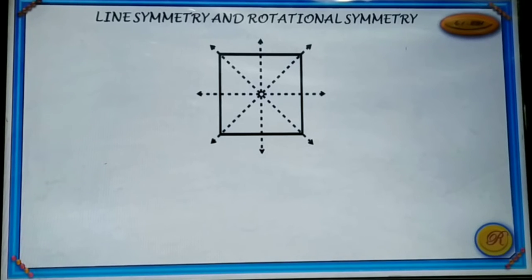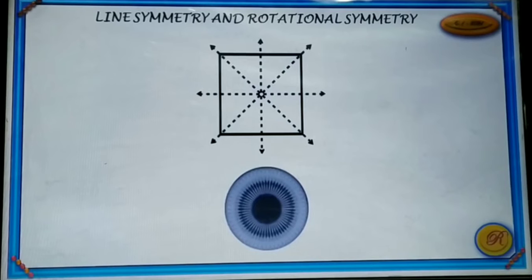Consider another example. The circle is the most perfect symmetrical figure because it can be rotated around its center through any angle, and at the same time it has infinite number of lines of symmetry.